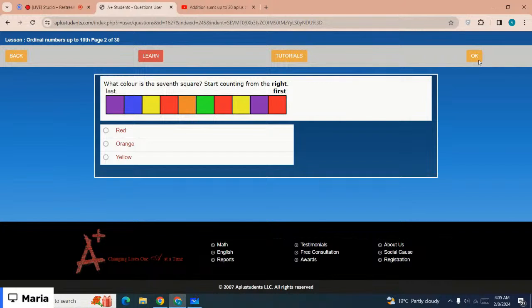The next one is: what color is the seventh square? Start counting from the right. So which is the seventh square? That is one, two, three, four, five, six, seven.